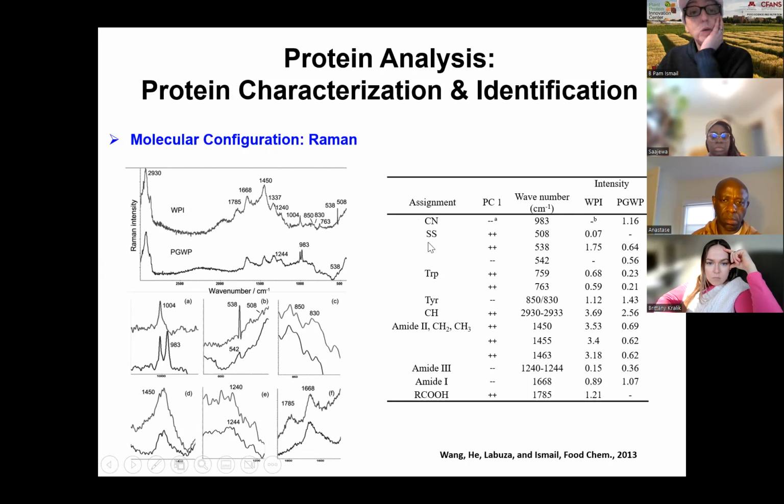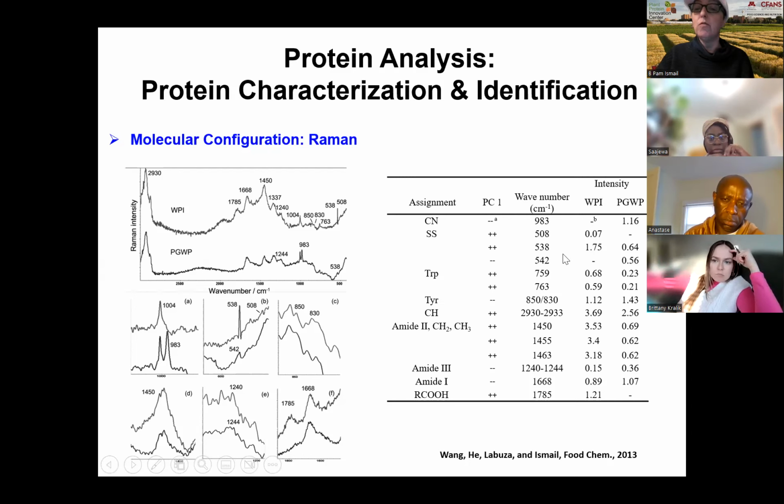And then here we see a shift in SS linkages. So we see a change, which means some disulfide interchange was happening. At a particular wave number, we see an intensity for whey protein isolate, and we don't see it for the partially glycated.